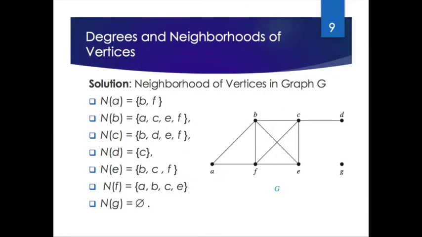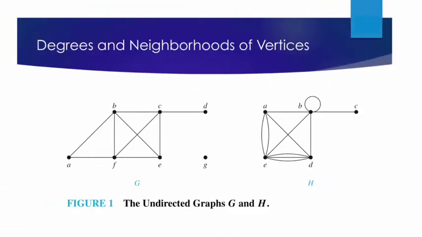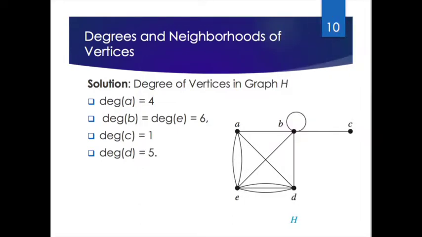The neighborhoods of these vertices are, for N(A), the neighborhood of A, the subset B and F. For node C, we have N(C) equal to the subset B, D, E, and F. In graph H, we have degree of A equal to 4 because A is connected to 4 other nodes.